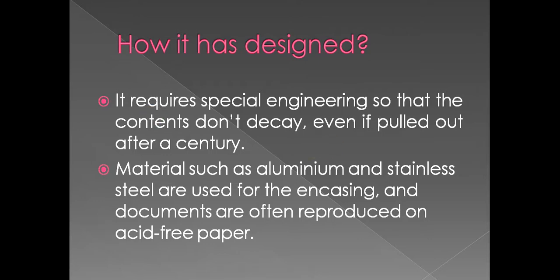That's why it requires special engineering so that the contents do not decay even if pulled out after a century. For that, materials such as aluminum and stainless steel are used for the encasing, and the documents placed inside the capsule should be reproduced on acid free paper. It should not be normal paper, it should be acid free paper. That's how this time capsule has been designed.